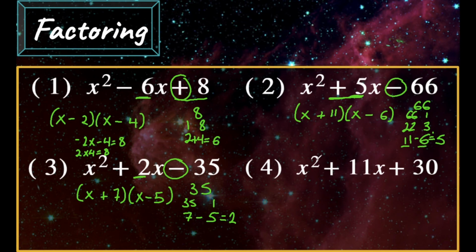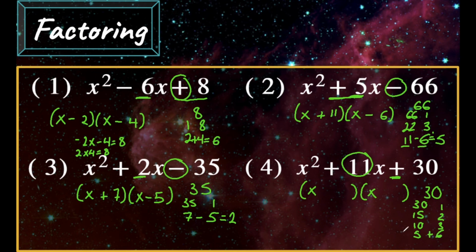For number 4, we have x squared plus 11x plus 30. Once again, we're going to break this down into two binomials. And then we're going to look at the factors of 30. We need to find factors of 30 that add to make 11. So when we list the factors of 30, we get 30 and 1, we get 15 and 2, 10 and 3, and 5 and 6.